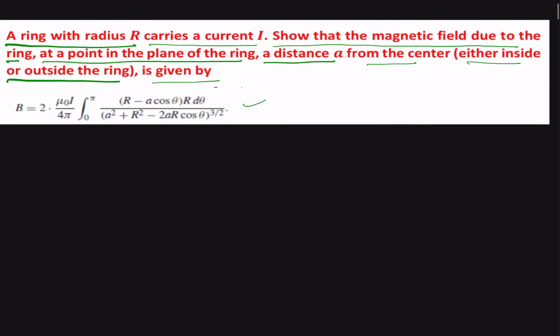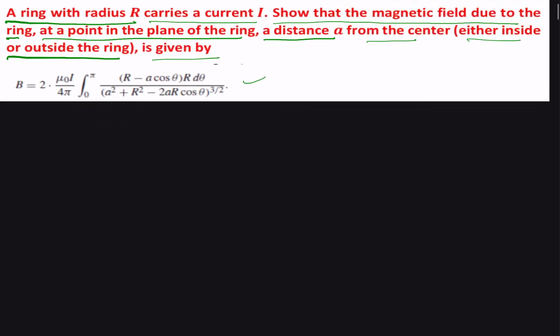And for that we can just draw an approximate figure. So let us draw a ring whose center we say is at the origin, okay? And this ring is in the xy plane.